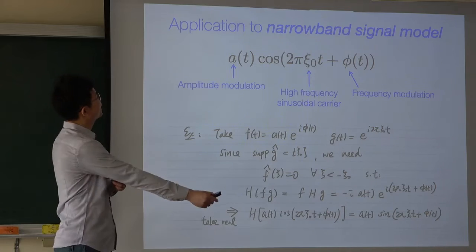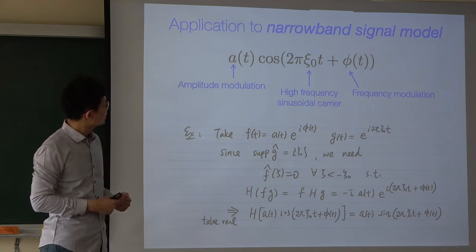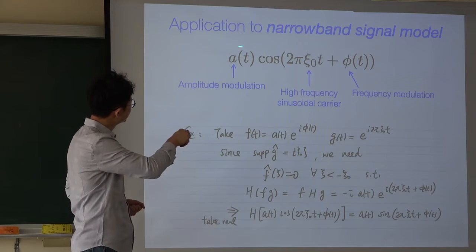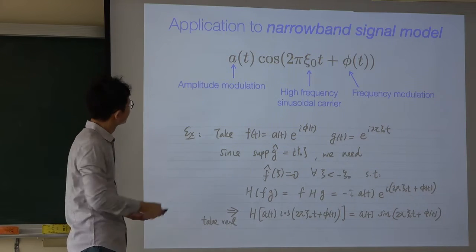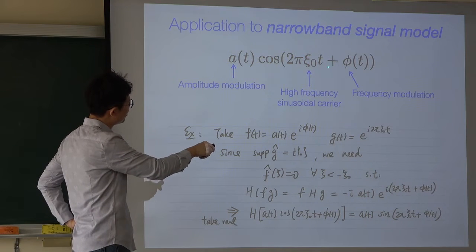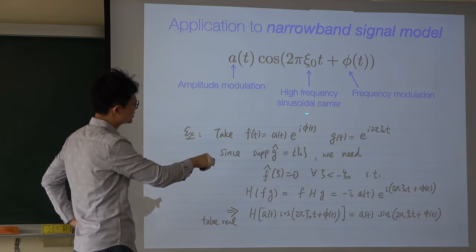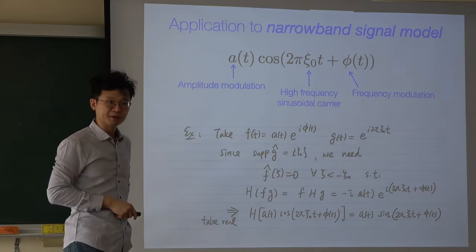An immediate application is something called the narrow band signal model. As you may remember, this is something we have seen quite often. This A is amplitude modulation, but this time we will have something slightly different. We have c0 t, this is a high frequency sinusoidal carrier, okay, and you have some frequency modulation called phi.